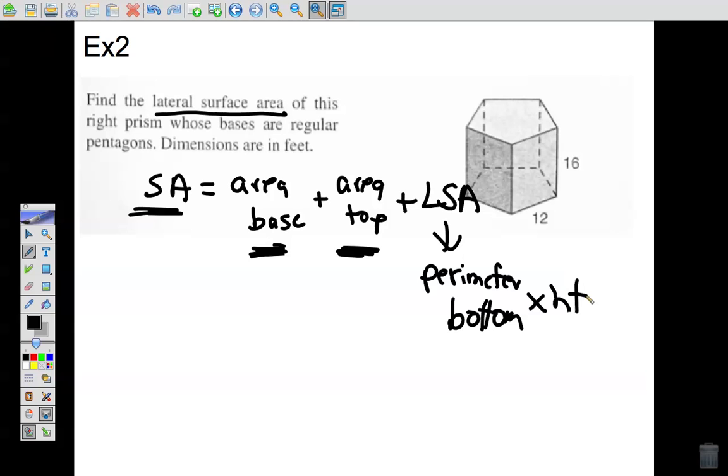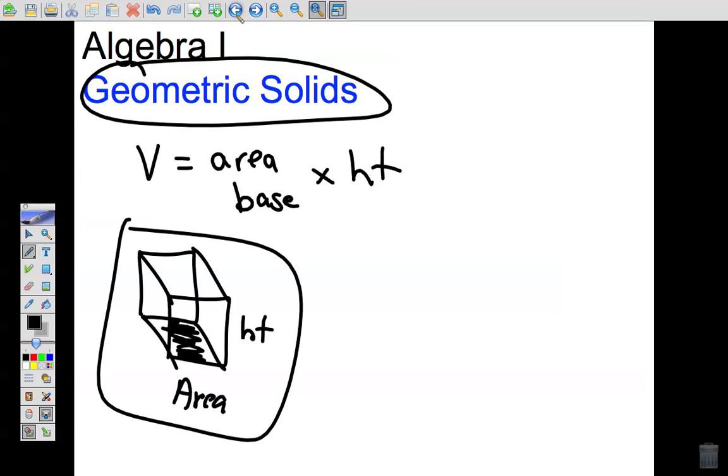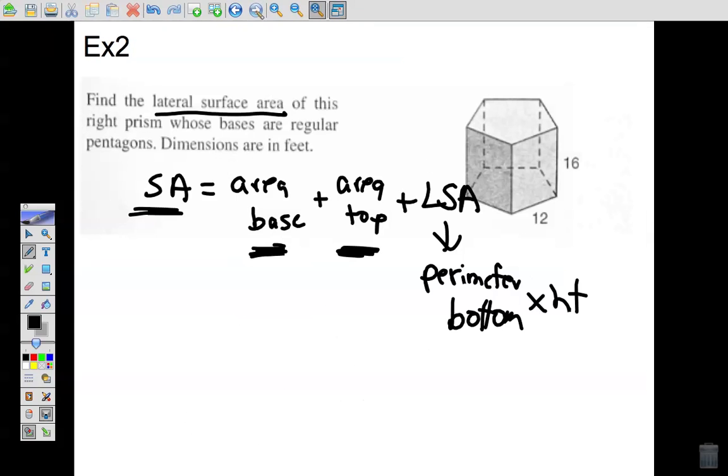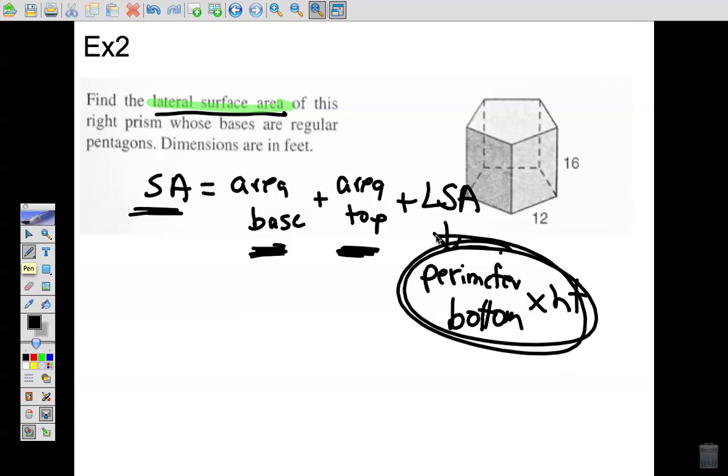So to find the sides of an object, for example, if we went back to this box shape and wanted the surface area, we find the area of the top plus the area of the bottom and then the sides. To find the sides, we find the perimeter of the bottom times the height. There really isn't anything new here. To find the lateral surface area, it's this same formula.